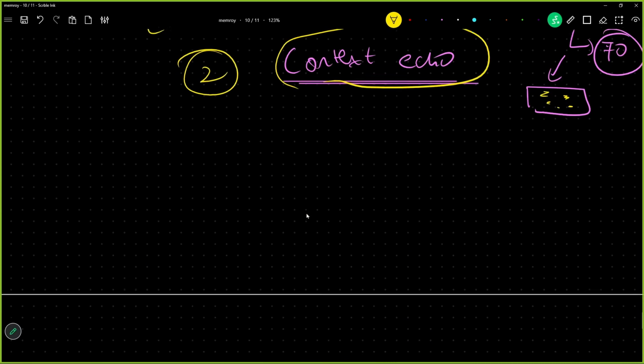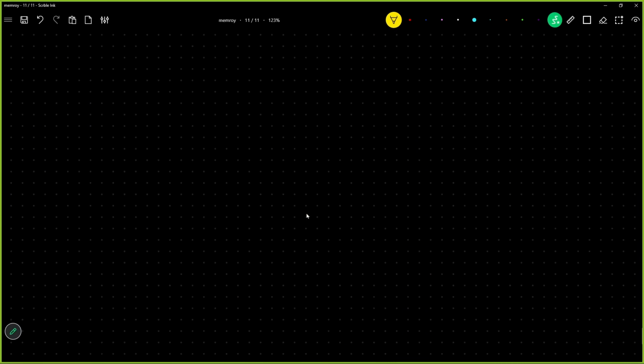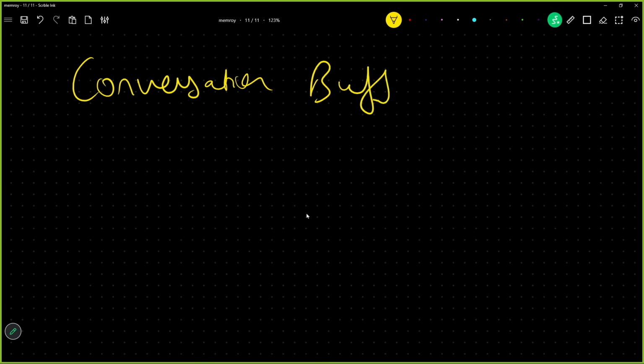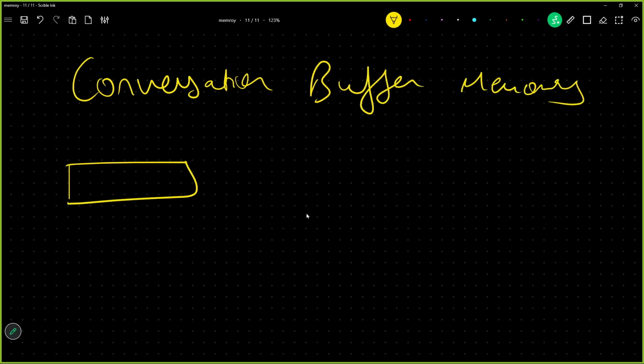So we are moving with the next one, which is called conversational buffer memory. What is buffer? Buffer is a list of messages. Now how it works is, first I will have a message, second I will have another message. Okay, turn 1, turn 2. Here I can keep a threshold of how much buffer I want to keep.